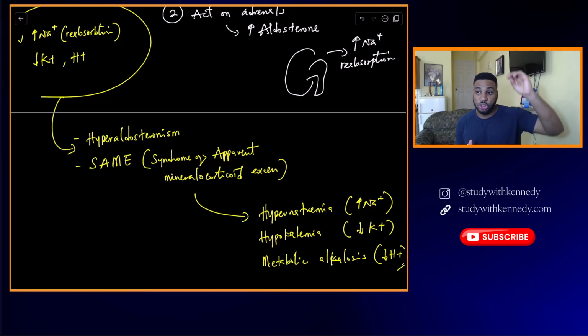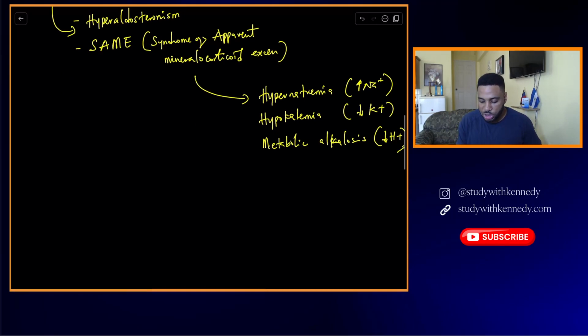If the blood pressure is low, it means that in the kidneys, you're probably reabsorbing a lot of sodium, meaning that the patient is probably losing a lot of potassium and hydrogen ions. So when you look at the labs, you expect potassium to be low, you expect hydrogen ions to be low, or you expect the patient to have metabolic alkalosis. The pH will be high.